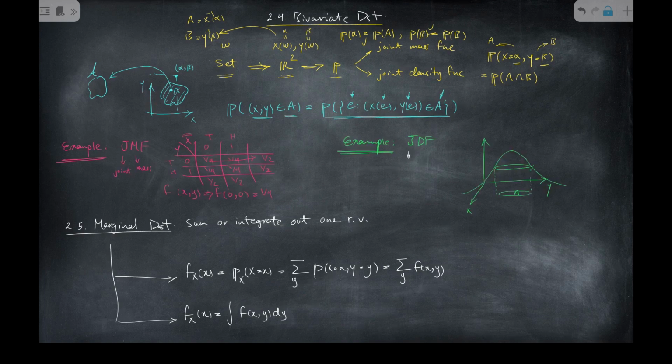Next, we have the joint distribution function. So this is a 3D figure. I have X and Y, and I'm interested in the probability of the X, Y point belonging to set A, so here.